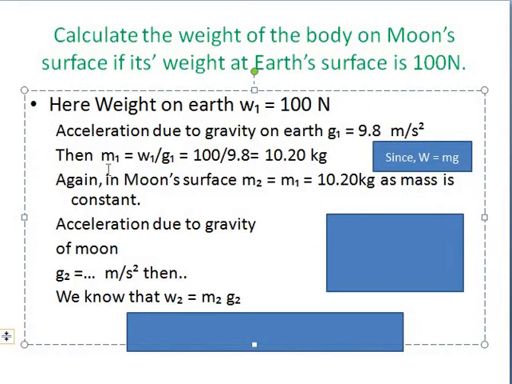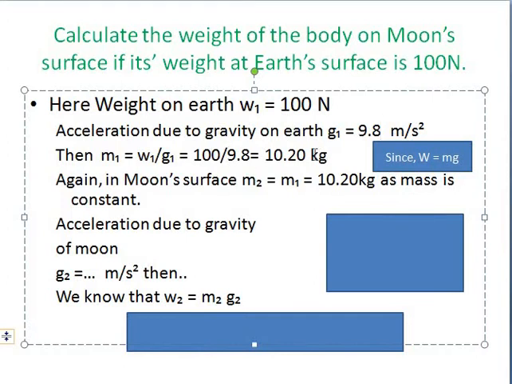And m1 equals W1 by g1. How is it possible? It is because of this formula, W equal to mg, so m equal to W by g. We are calculating the mass on Earth, so we assume this by giving suffix 1. So m1 equals W1 by g1. Putting the respective values, we get 10.20 kg.